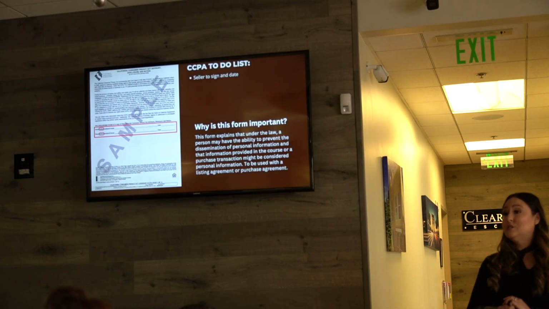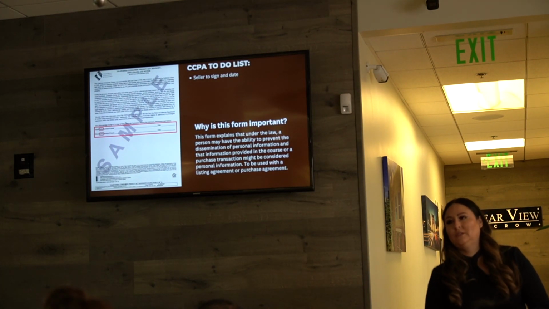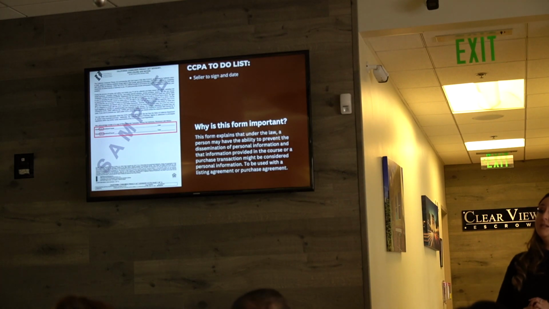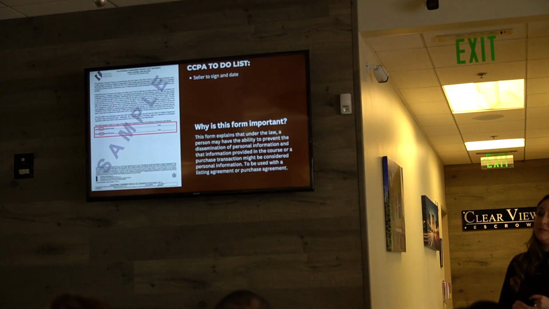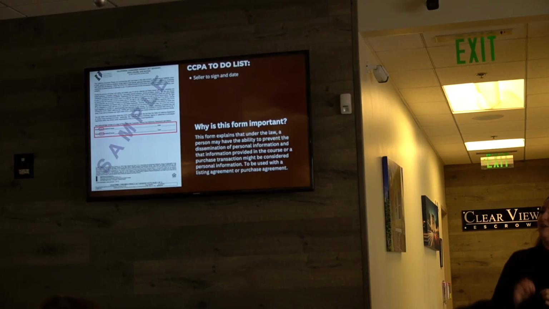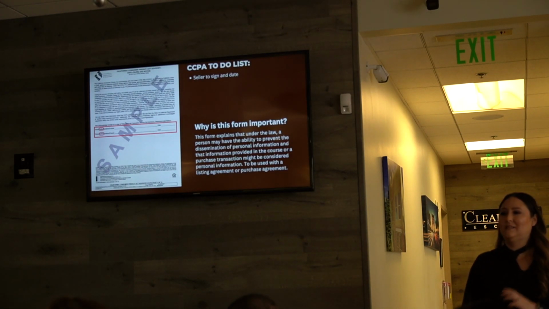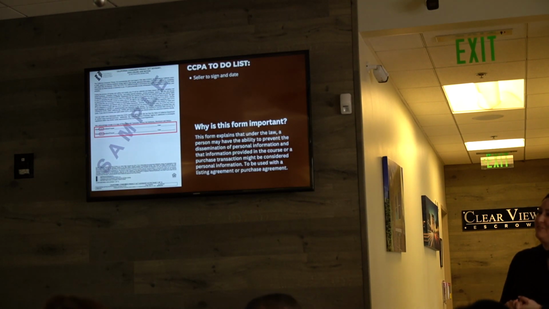Always look at your trust whenever we are dealing with one and see who the signers are, because sometimes it could be only one signer, sometimes multiple. We have to look at the language in those trusts, because sometimes both people on the trust have to sign, or sometimes just one person.